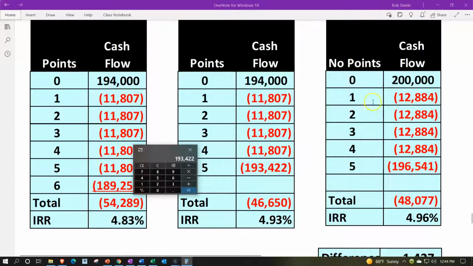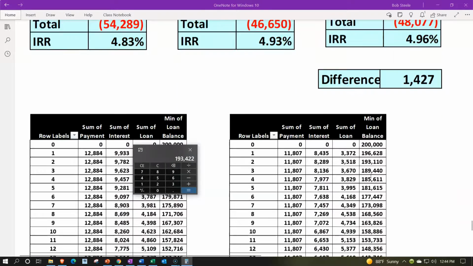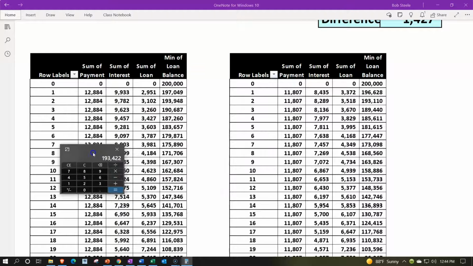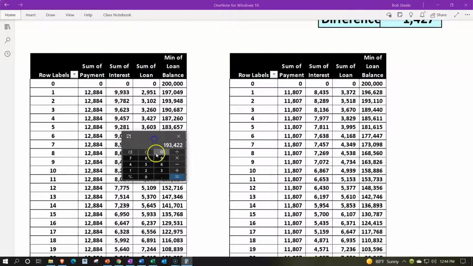So in other words, if we took the payments here, we've got the 200,000 and then the payments going out for the 5 periods on a yearly basis instead of a monthly basis, being that 12,884, which is the monthly amount times 12. And then after 5 periods, if we were to pay off the loan, we'd have to pay 183,657 plus the payments during that time period, 12,884.